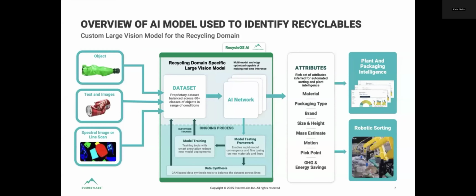This gets into the overview of the AI model that we use at Everest Labs. Also, probably a similar architecture for a lot of the models that are used for identifying recyclables. But what we're dealing with is really a deep learning network with supervised learning, which means that the model is learning on images that have been labeled by humans, and therefore, it can make relatively quick assessment of that object.